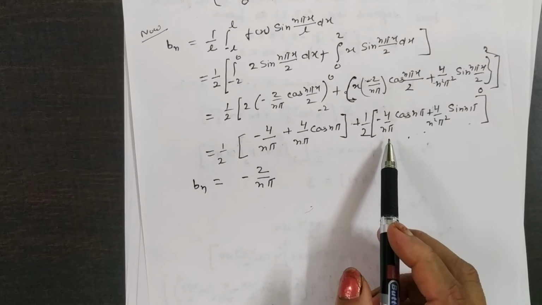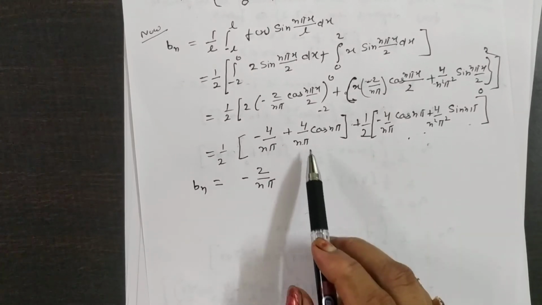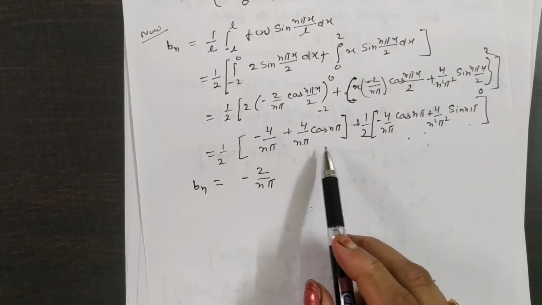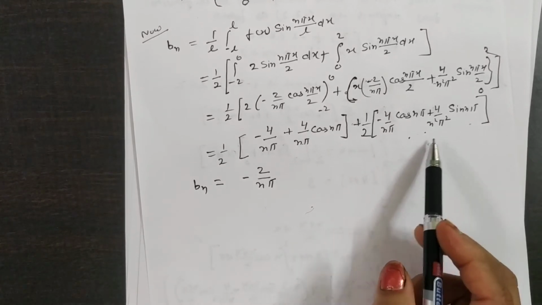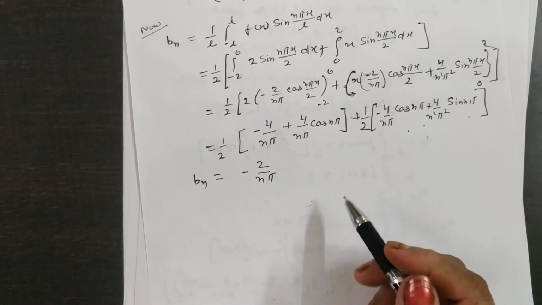Substituting this, you get 1 by 2, checking all the values, plus 1 by 2 of minus 4 by n pi cos n pi.